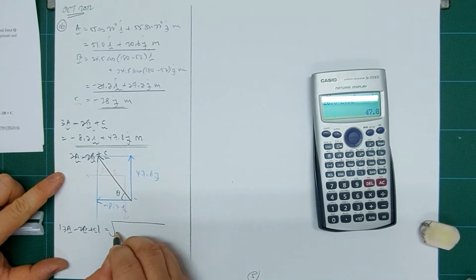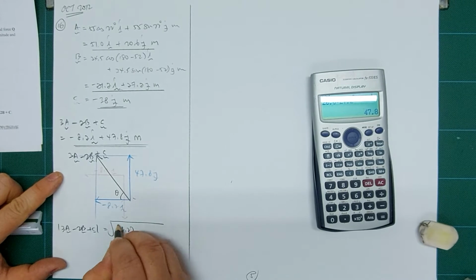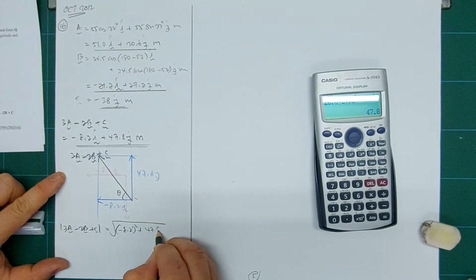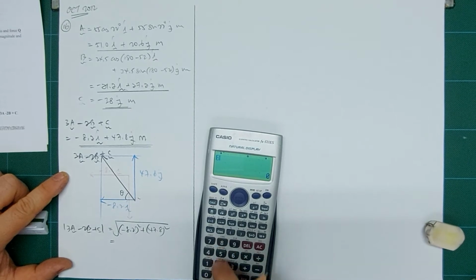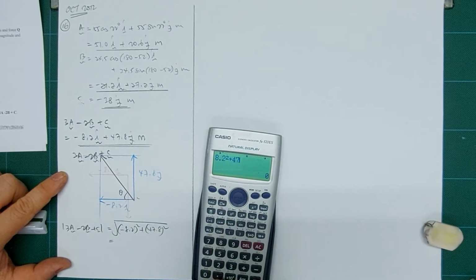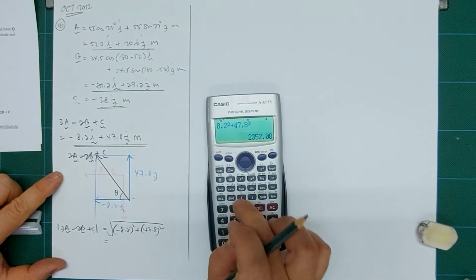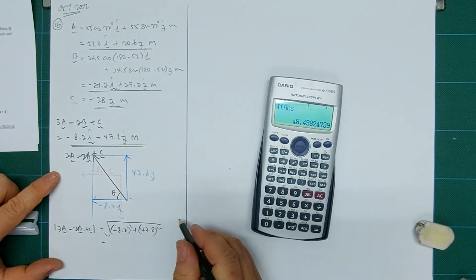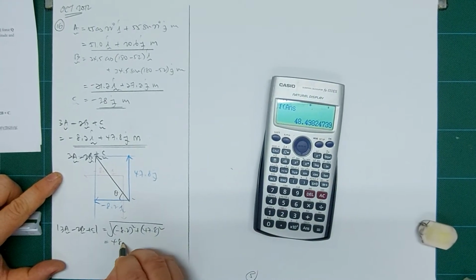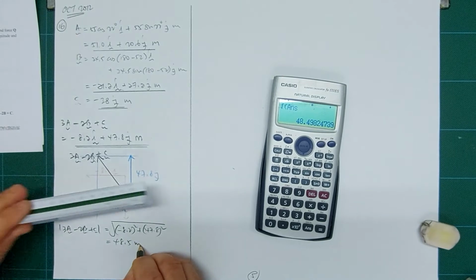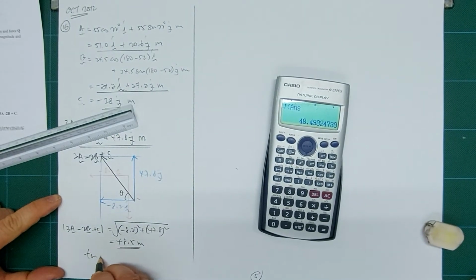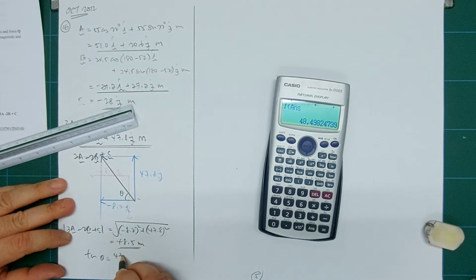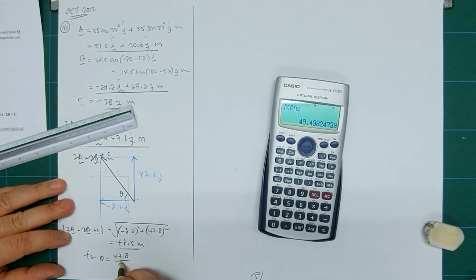So we have negative 8.2 square plus 47.8 square, and square root, get 48.5 meter.